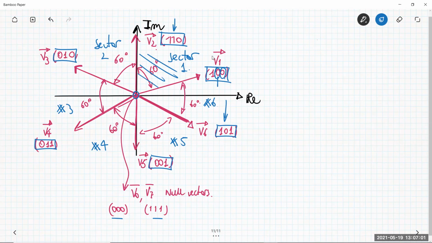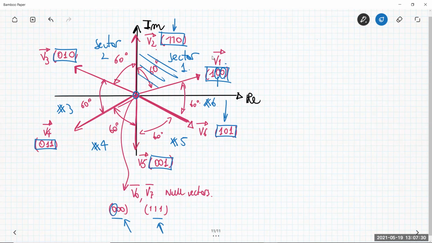And this is also true for the null vectors. Because 1, 0, 0, which is the V1 vector, is one bit from the null vector 0, 0, 0. You have to change this one to get V1. This is not true for the other null vector, but any space vector is distant one bit from one of the two null vectors.